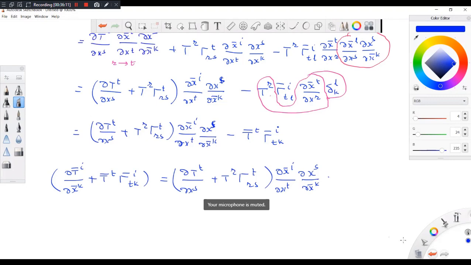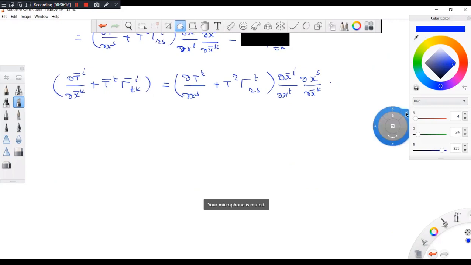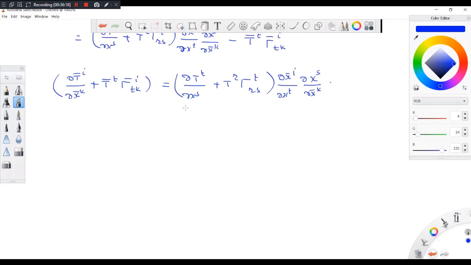Now, as in the earlier case, you give the same kind of notation. Okay. Now, what do you say about this? What is this transformation law? What way is it transforming? You take the bracketed quantity as a single quantity, then it is transforming like a mixed tensor. That's it. So I write like this.